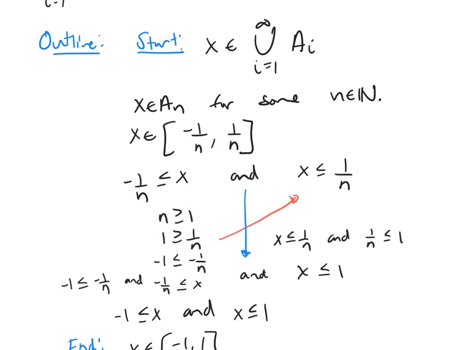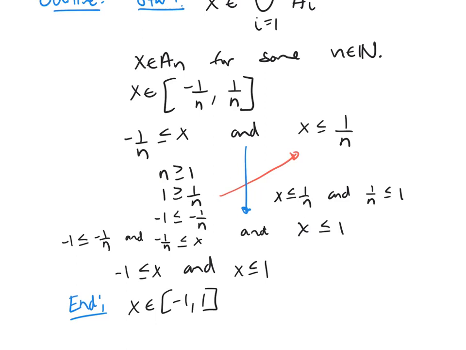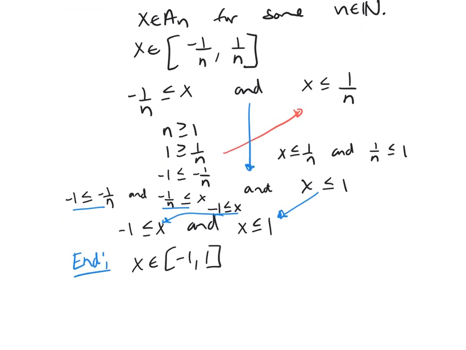So if we put these things together now, with these two here, this tells me -1 is less than or equal to x. So I have what I need here, and I have what I needed there. And then you could write up the formal proof of this now using your outline.